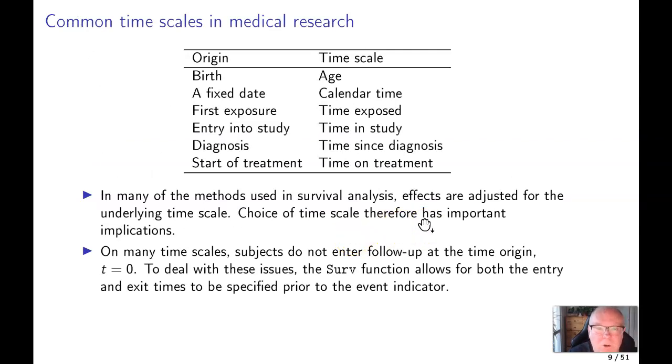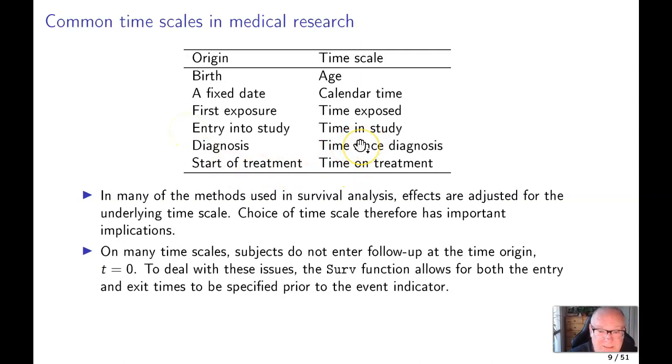So what are some common time scales in medical research? Attained age is a common time scale. We typically might want to adjust for age, and the origin is birth. If calendar time is the time scale, we would have a fixed date. We might have time since first exposure, or time on study, where the origin is entry into the study.